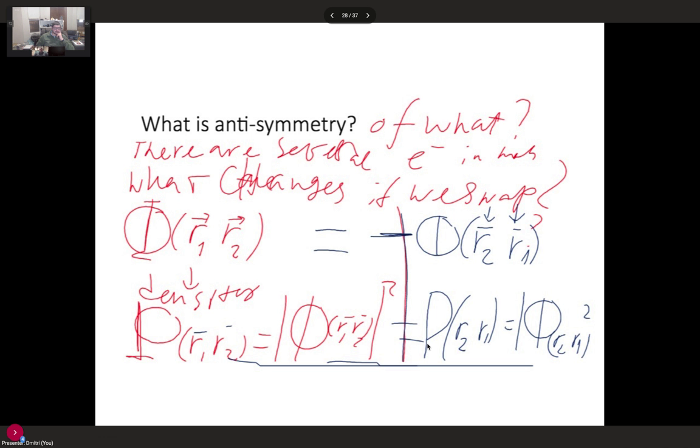This is not always seen in practical contexts. For example, if we are looking only for nice images and distribution of electrons in space, we take not the wave function but the wave function squared, capital P of R1, R2, which is the wave function's absolute value squared.